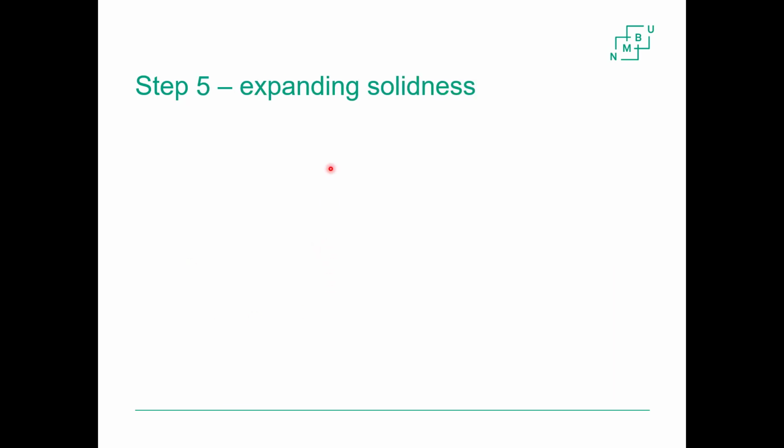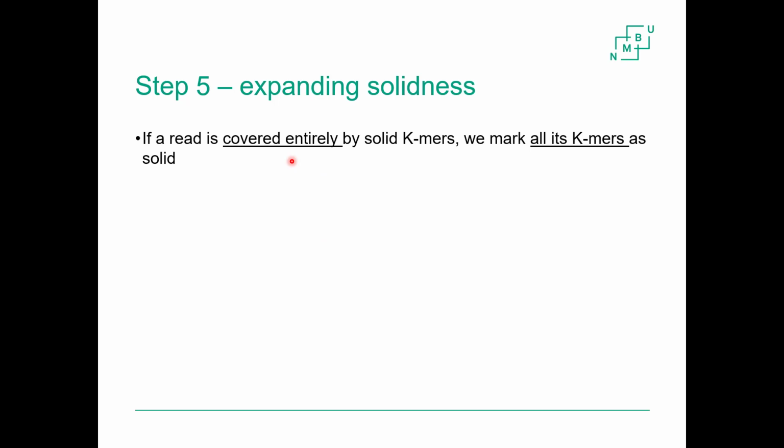Then they expand this solidness in a really simple way. Imagine we have a read here. We have all the K-mers from that read. After this clustering, we find that some of these K-mers are solid, marked in red here. Notice that these red ones cover the whole read.